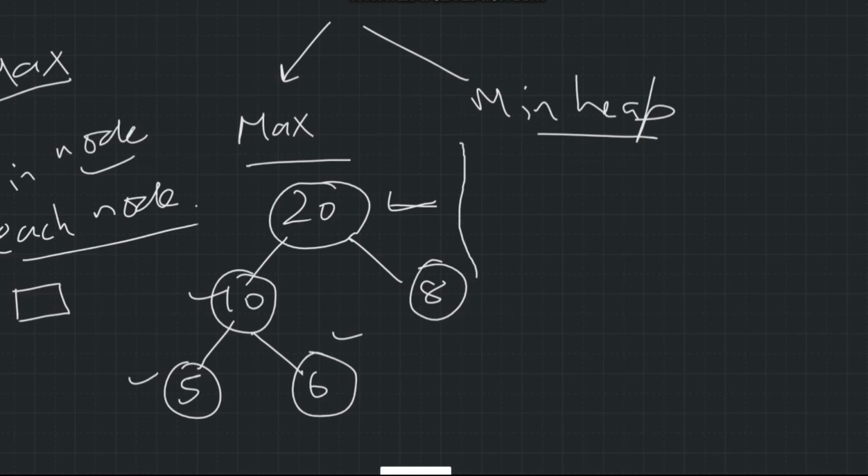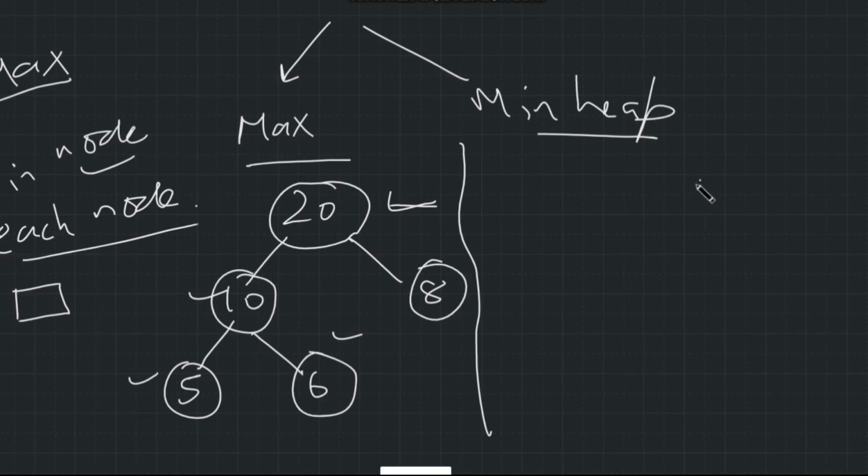Now the next is min heap. In a min heap, the smallest value will be at the root as compared to its descendants. Each node having the smallest value will be on top, and the child nodes have larger values as compared to the ancestor.